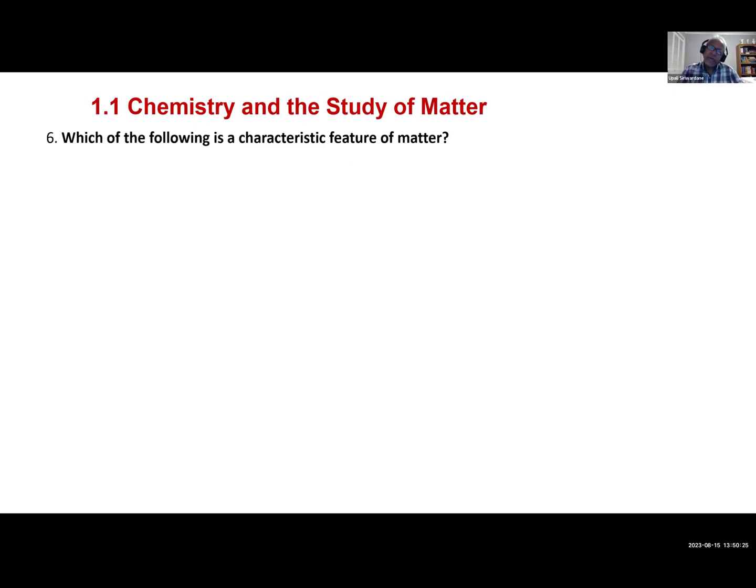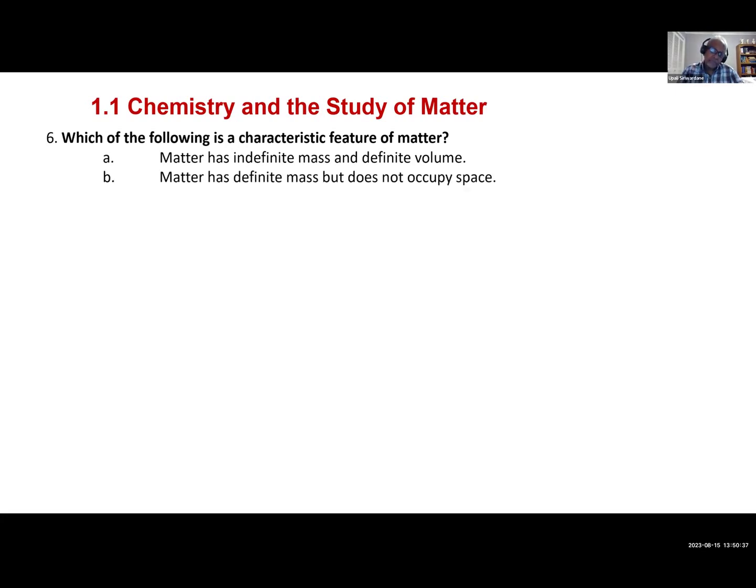Which of the following is a characteristic feature of matter? Matter has indefinite mass and definite volume. It has definite mass and definite volume, right? Therefore, the first one is false. One of the phrases is wrong.